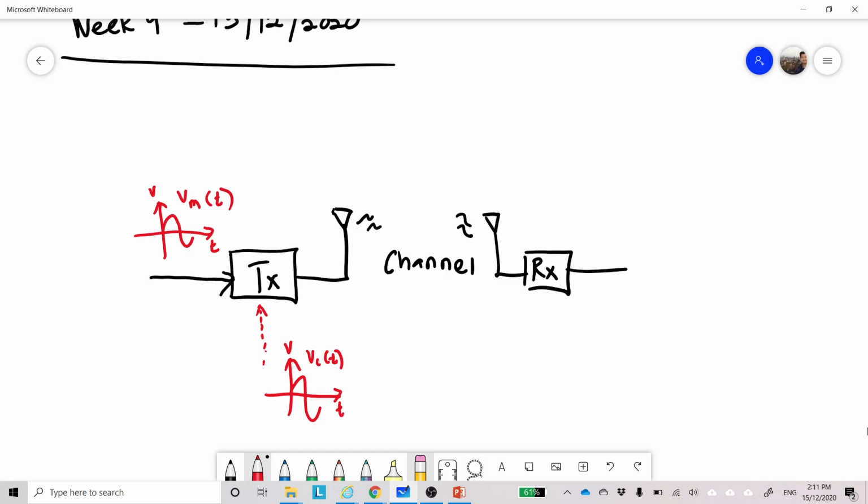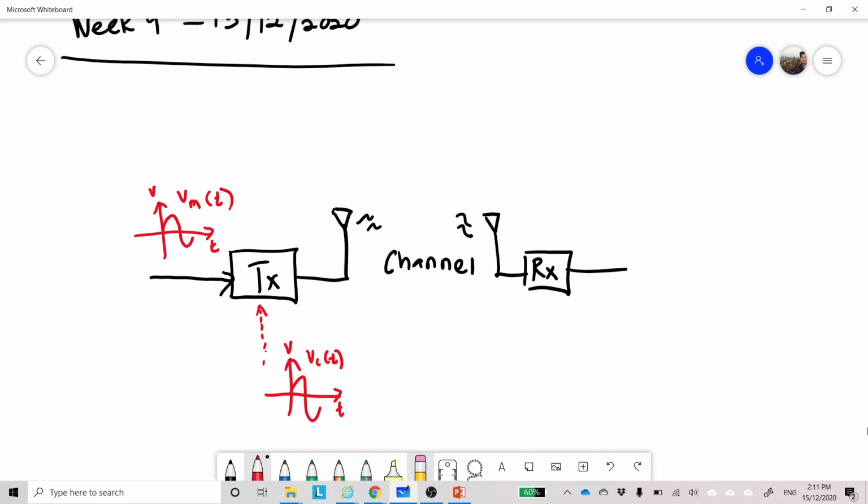Okay, so kedua-dua FM dan juga PM adalah saling berkait. PM, phase modulation, juga dikatakan sebagai indirect FM. So phase modulation is also known as the indirect FM. Phase modulation adalah secara tak langsung merupakan frequency modulation juga.